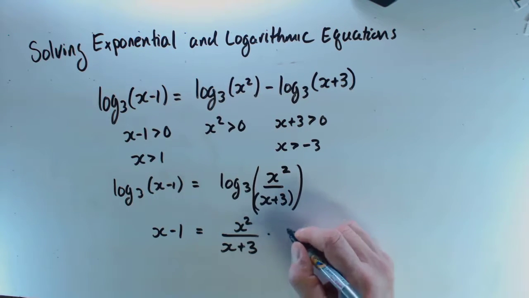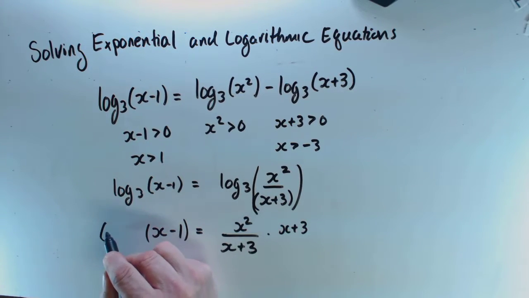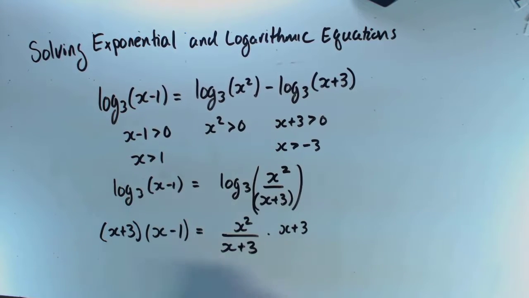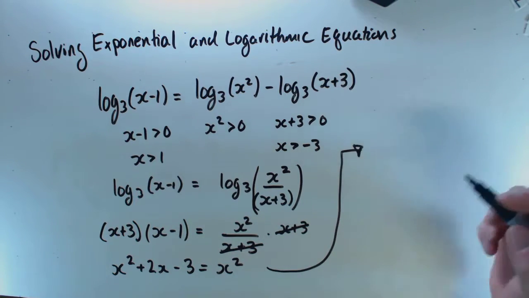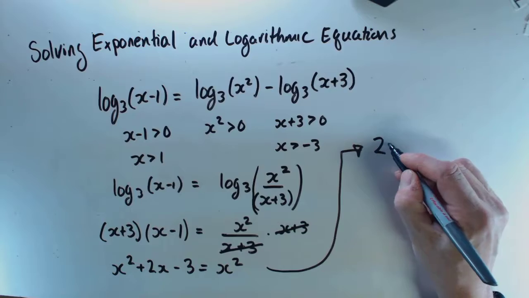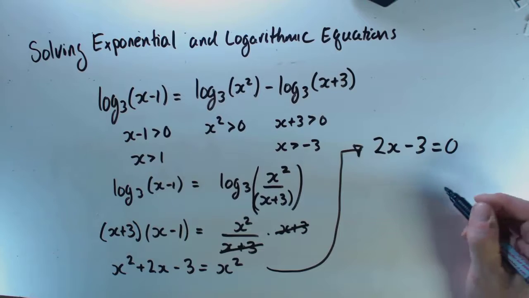What I'm going to do to get rid of this x plus 3 on the bottom, because fractions make everybody nervous, I'm going to multiply both sides by x plus 3, and of course when I do the expansion I wind up with x squared plus 2x minus 3 is equal to x squared, which ever so fortunately the x squareds disappear because I really don't want to solve a quadratic equation today, so that when I subtract x squared from both sides it's all going to disappear.